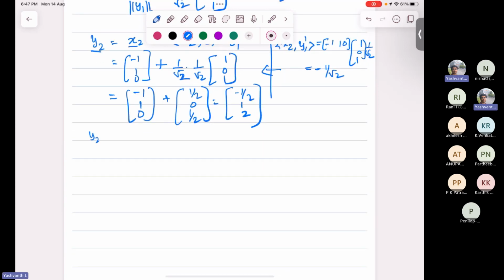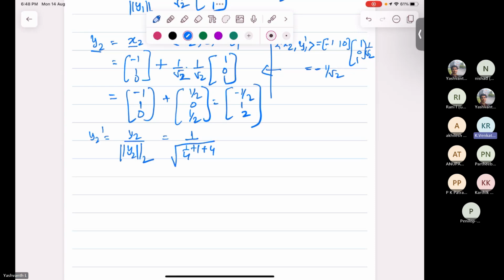What is y2 dash, which is the orthonormal vector? It is y2 divided by the norm of y2. That is 1 by the square root of 1/4 plus 1 plus 1/4.